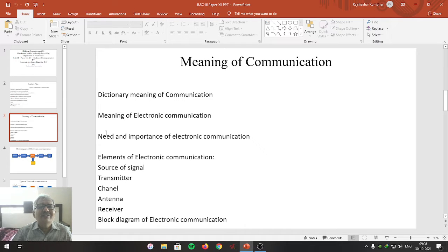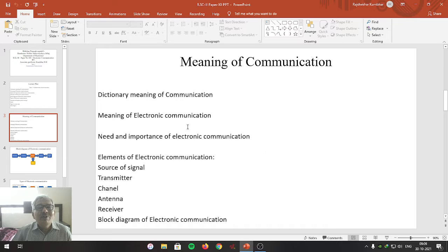When we studied the importance of electronic communication, we covered that it plays a very vital role in carrying information from one point to another throughout the world, because it covers a very large distance and its speed is more. Because of modification in electronic communication, the height of the antenna is reduced.